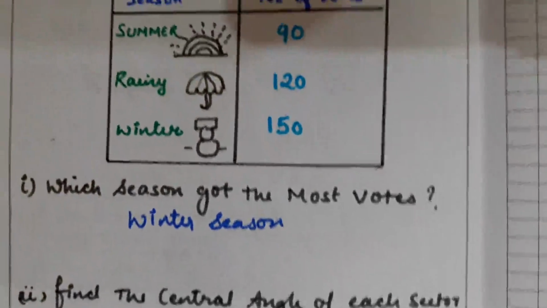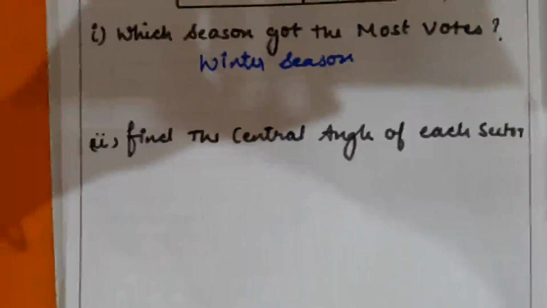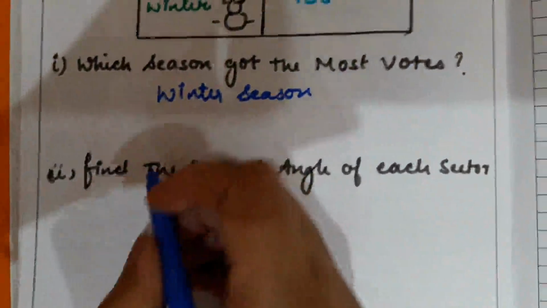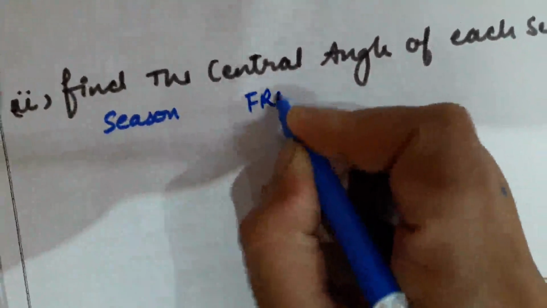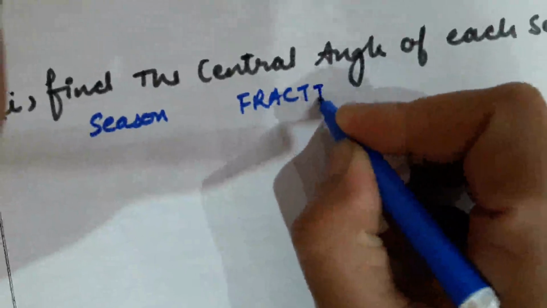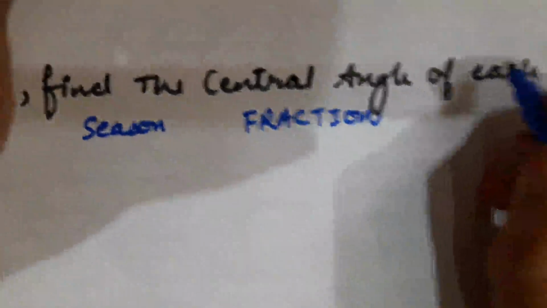So let's see. For that we have to make a table. First is season, second is fraction, and third will be central angle.